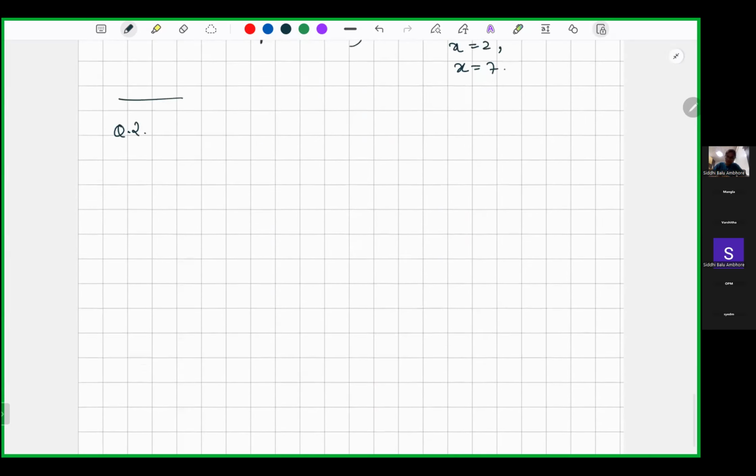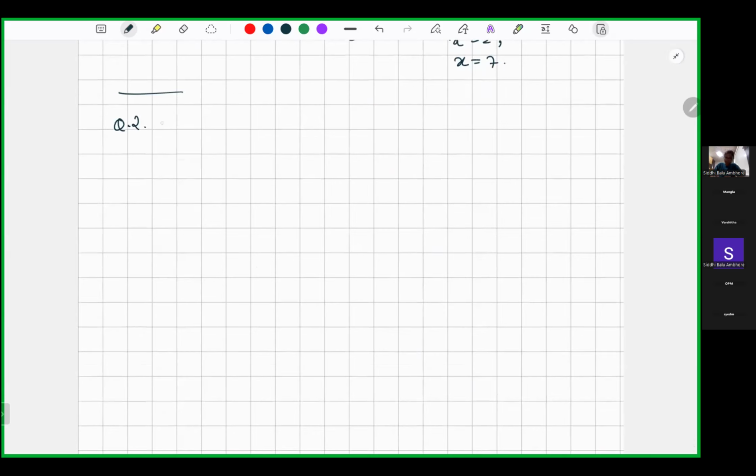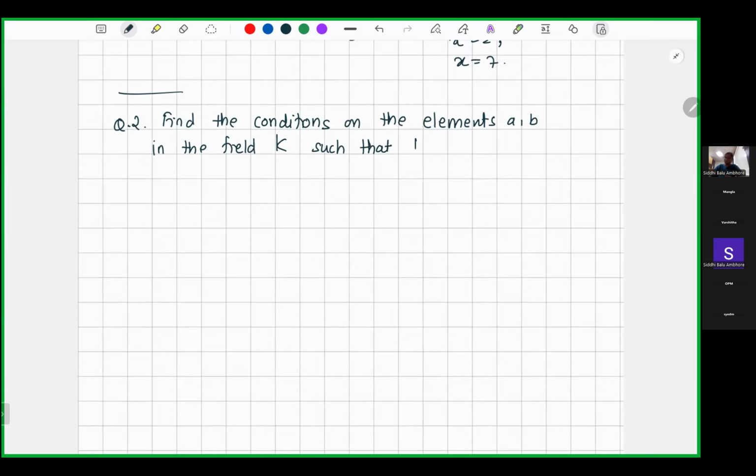Yeah. So find the conditions on the elements a, b in the field K such that the system ax plus y is equal to 1, 2x plus by is equal to b has no solution, one solution.